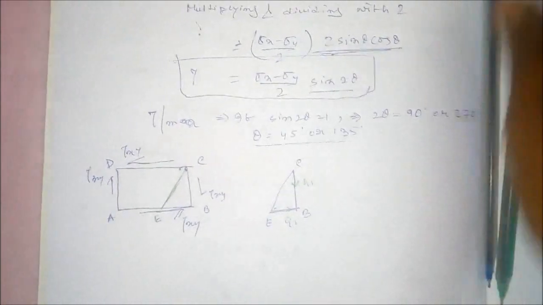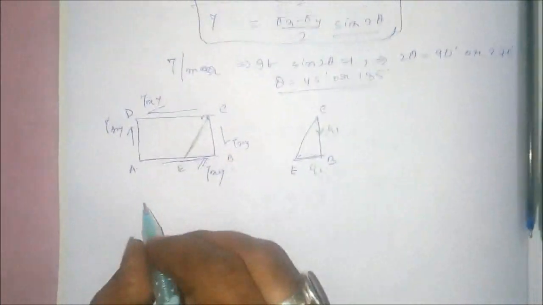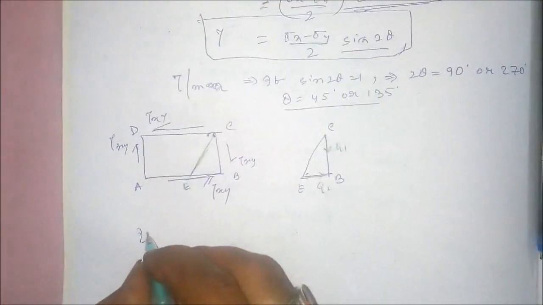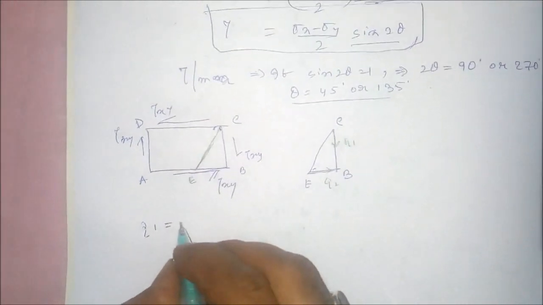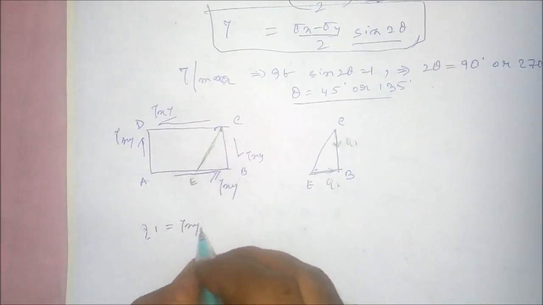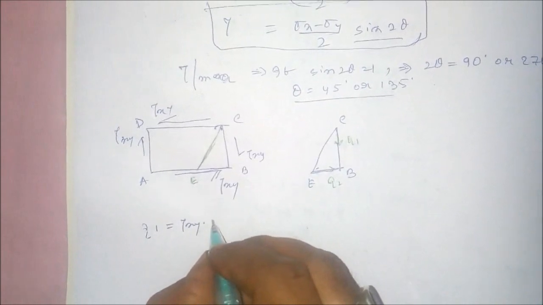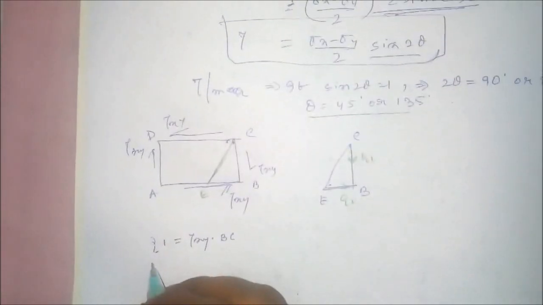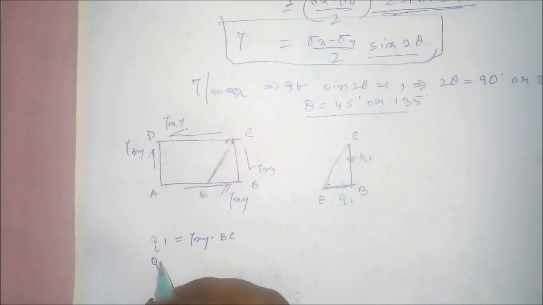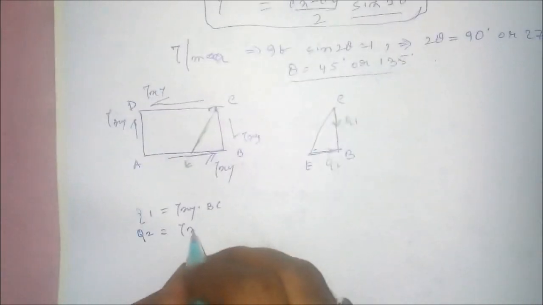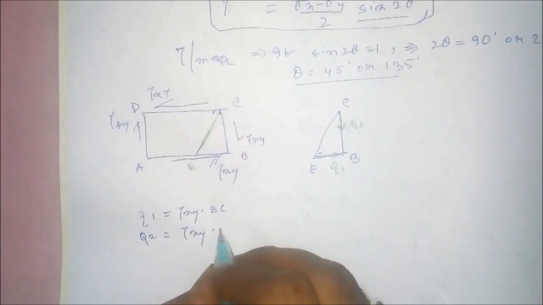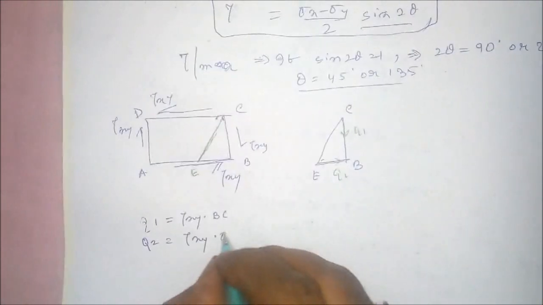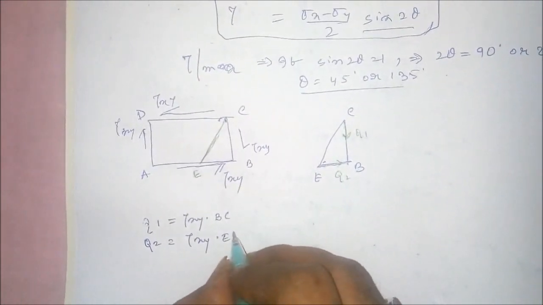Now what will be the values of Q1 and Q2? Q1 will be equal to the stress multiplied by area, in this case tau xy multiplied by the area, that is BC multiplied by the thickness, which we are considering as one, and Q2 will be equal to tau xy multiplied by the area for this particular triangle, that is EB, right?